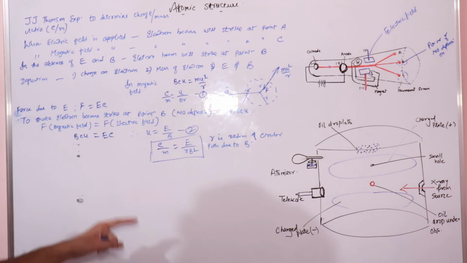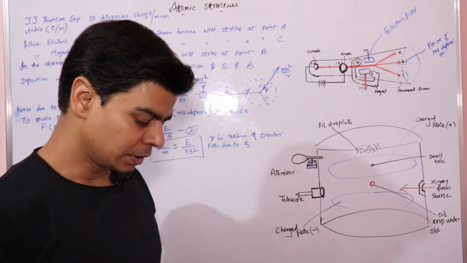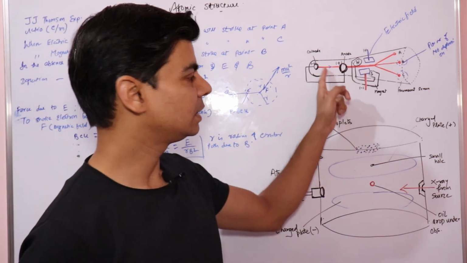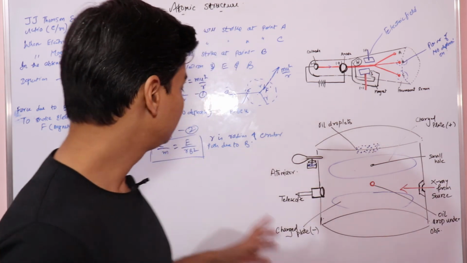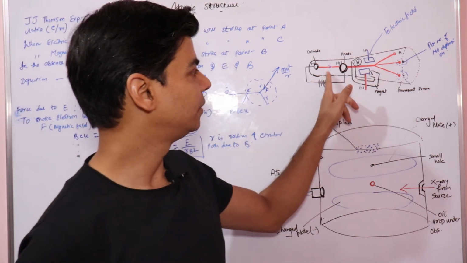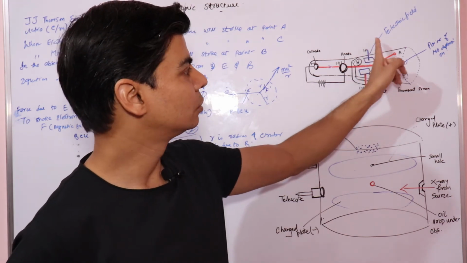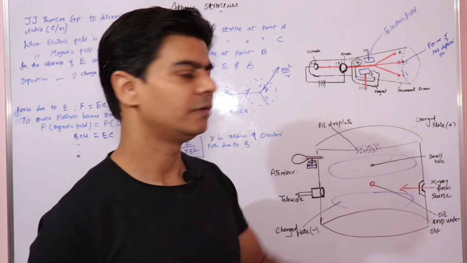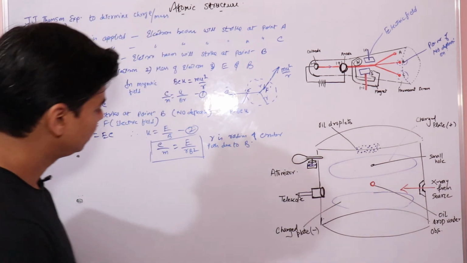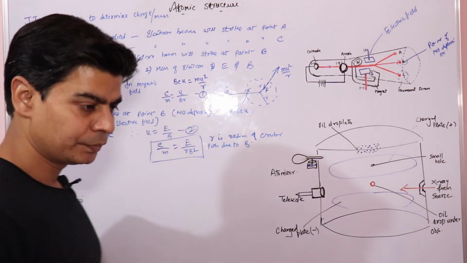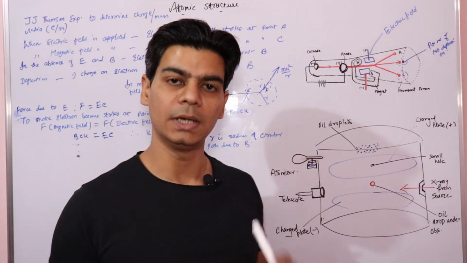So what Thomson did, he took different gases. He repeated this experiment with different gases, different material of cathode, and different values of electric and magnetic field. And what he noticed is that the value of e upon m is always the same for electrons.